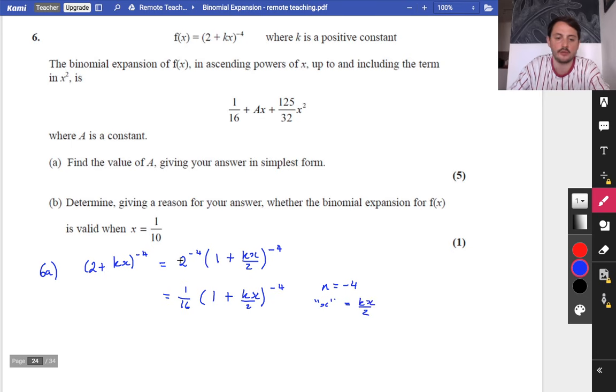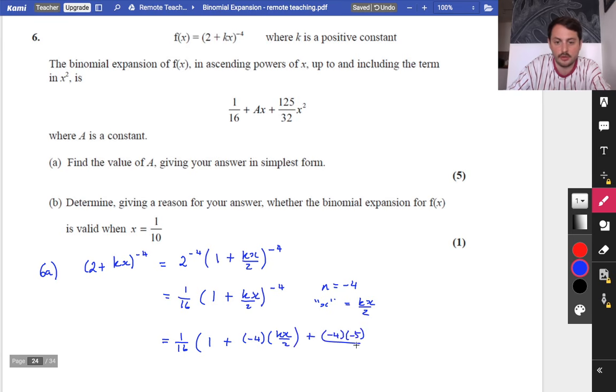Now we only need to go up to x squared, so it's not going to be too much work. So I'm going to leave the 1 over 16, and I have 1 plus nx plus n minus 1 over 2 factorial, which I can just leave as 2, x squared. So here we get, let's just leave the 1 over 16 for a second, sorry.